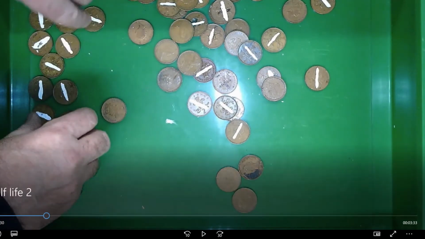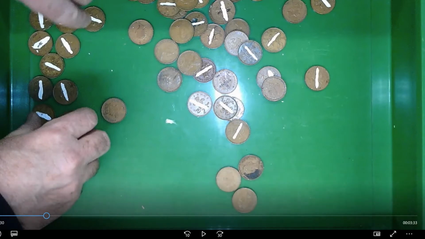So what Mr. Hancock is doing here now is collecting all the atoms that have decayed and putting them to one side. Now if you think about it, on average, if you throw 52 2p coins down, you'd expect half of those 2p coins to have decayed.